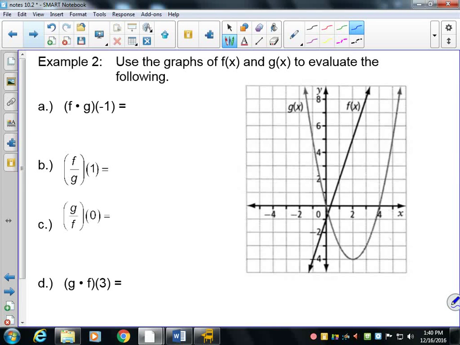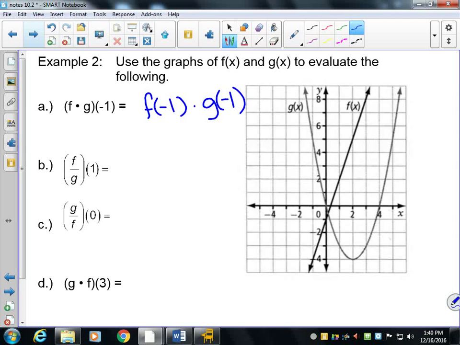Whew. So our next example says f times g of negative 1. What does this really mean? F of negative 1 times g of negative 1. Right? That's what it really means. So find the x value at negative 1.